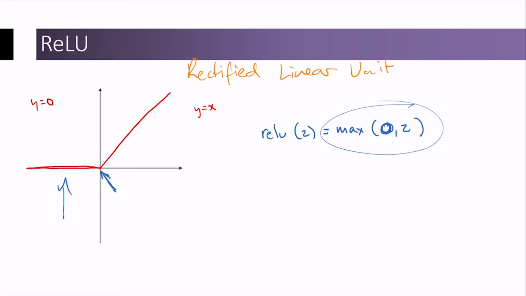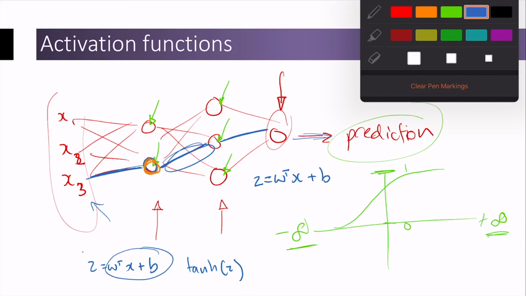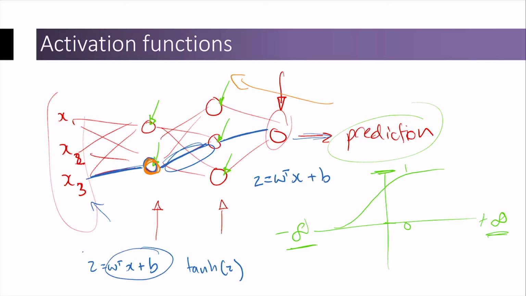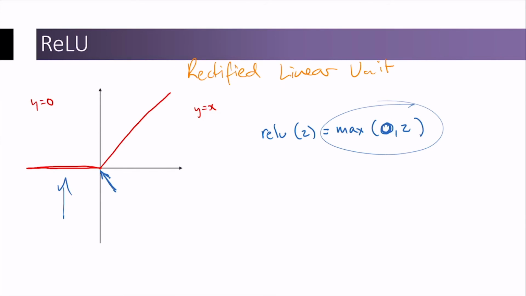Also, a great thing about it is that when you get bigger neural networks, it gets very hard to compute all the derivatives and go backwards and all that. This in a neural network is referred to as backward propagation, if you ever come across it, and the forward part is called forward propagation. It's very easy to calculate the derivative of ReLU because it is either 1 or 0.